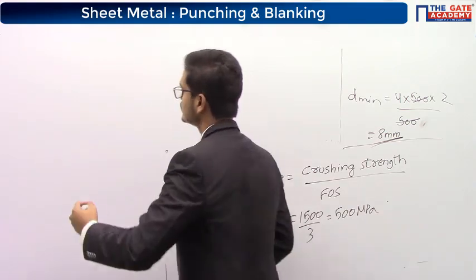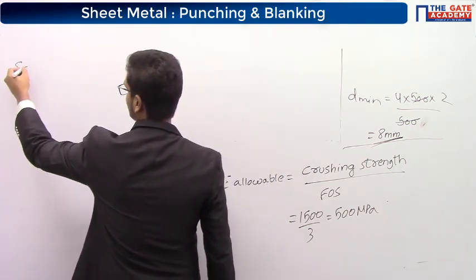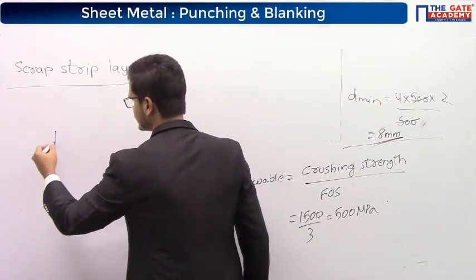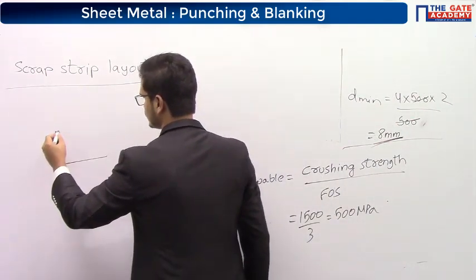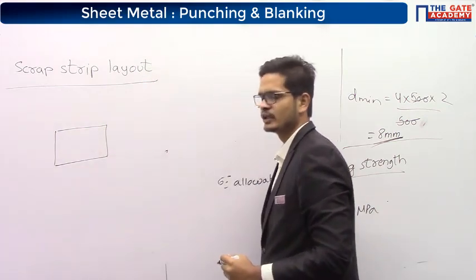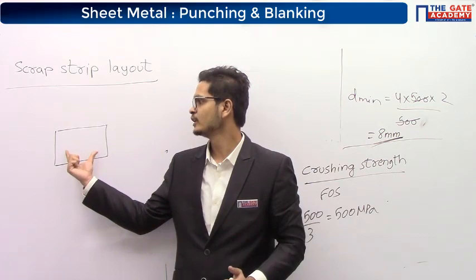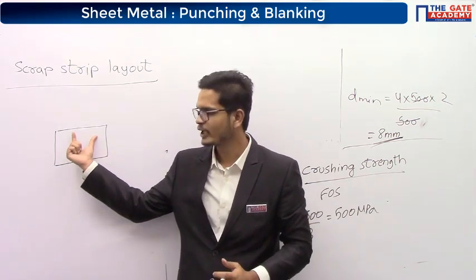Next is scrap strip layout. Let us suppose you want to make a blank of this size. You have some factory, some industry, and in that industry you regularly require a blank of this size.